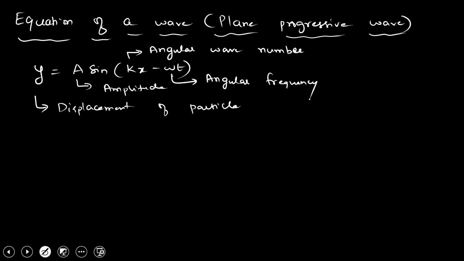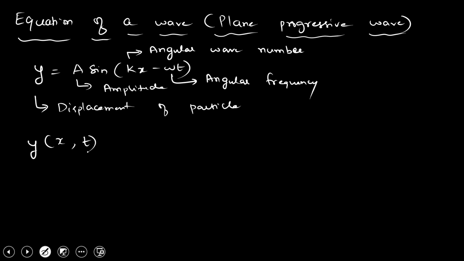If you observe, unlike the particle in simple harmonic motion, here the displacement of the particle present on a wave is given as a function of x comma t. Though the displacement of the particle is along the y direction, the energy is getting transmitted along the x direction.